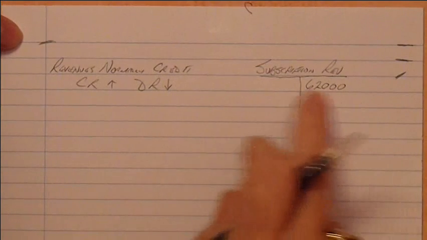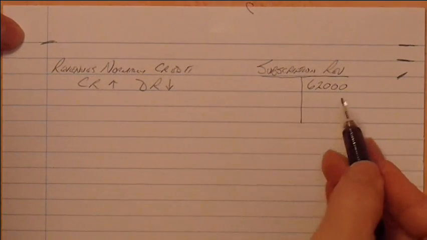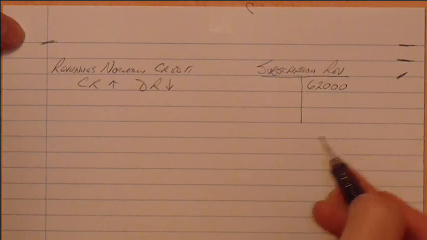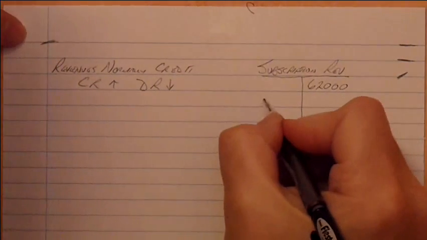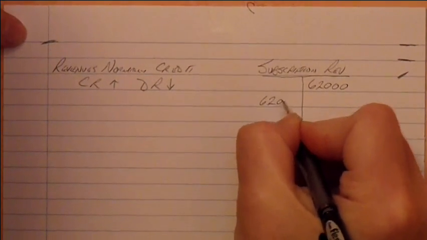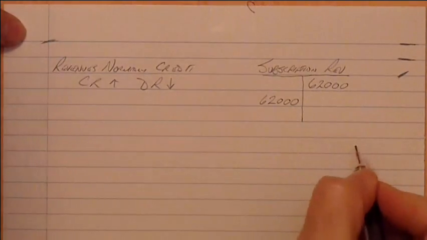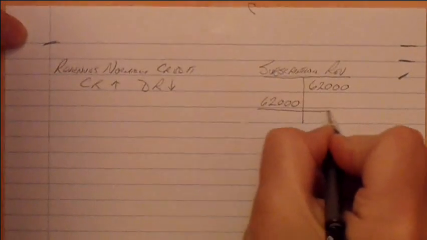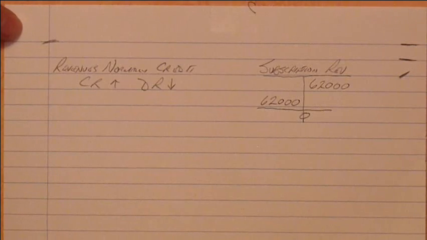So if we want to zero out this T account, it currently has a credit of $62,000, we'll need to debit it for $62,000, and so now when we take the balance of that account, we end up at zero.